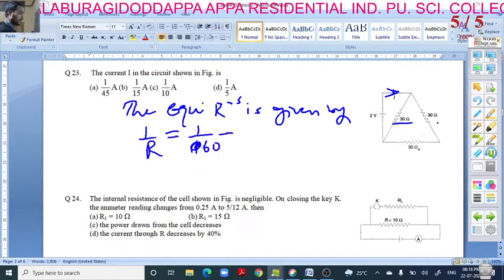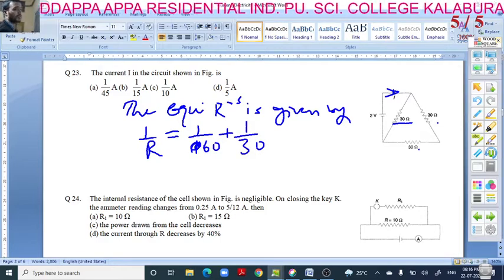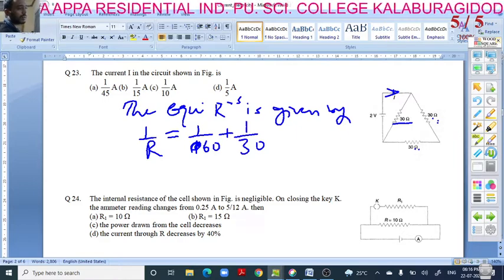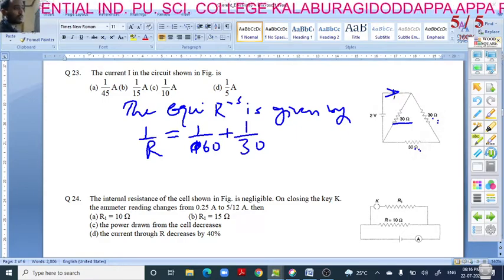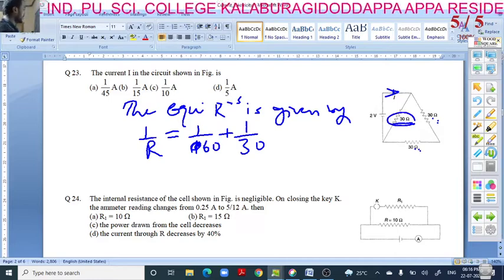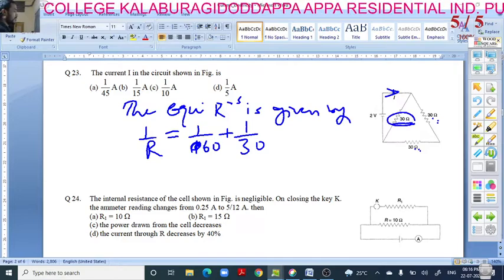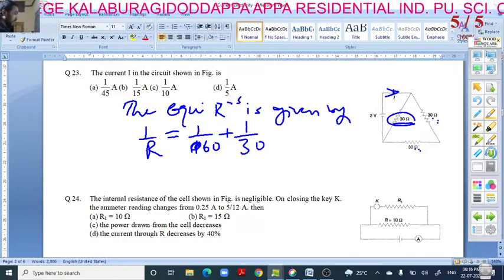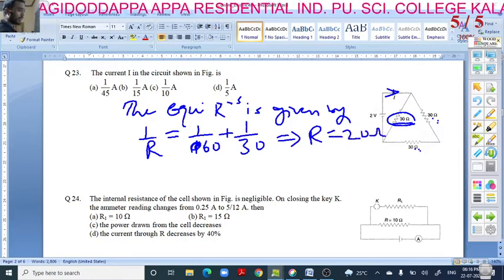plus 1 divided by 30. These two are in series, that becomes 60. That 60 ohm will be parallel with this 30 ohm, so I have written in parallel. So the equivalent resistance of that parallel combination, 1 by 60 plus 1 by 30, by simplifying, R is equal to 20 ohm you will get here.